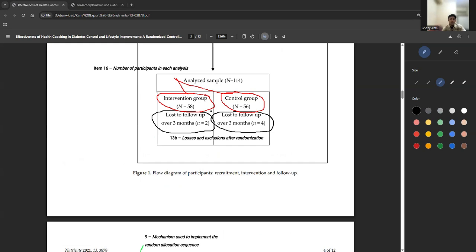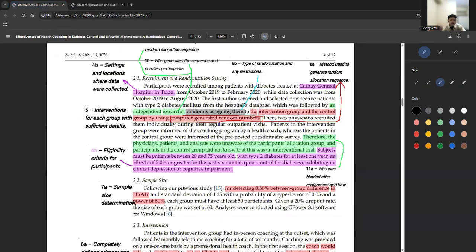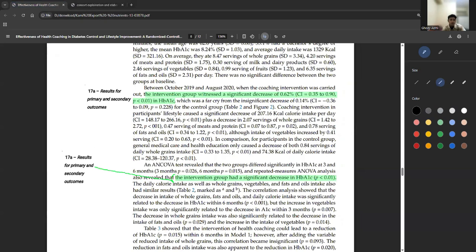And then we move to item 17A, give results for each group. The result for the intervention group is a significant decrease in HbA1c.